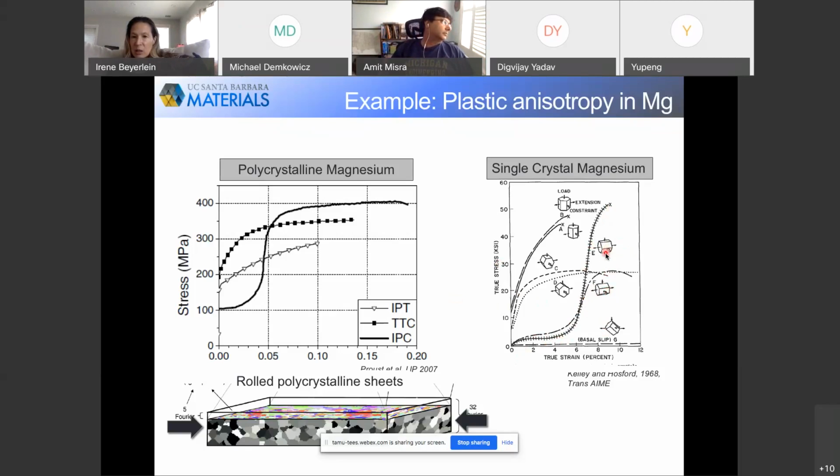This is also tension along the C-axis with different alternative boundary conditions on the transverse cases. But these inflection points on the stress strain curve look very similar to this one for the polycrystalline material. And qualitatively, they can be explained by the same kind of twin being activated in addition to slip.